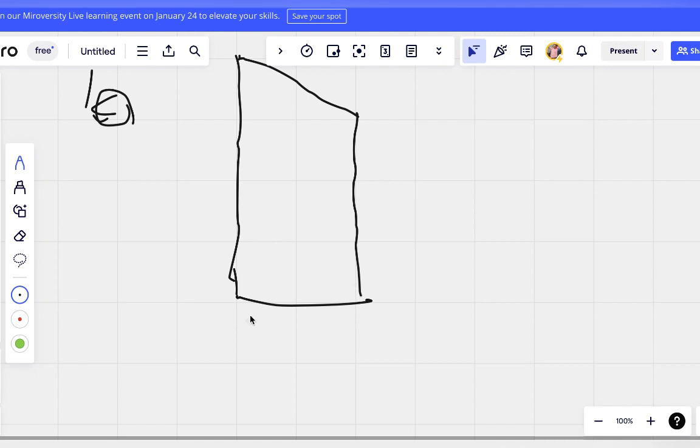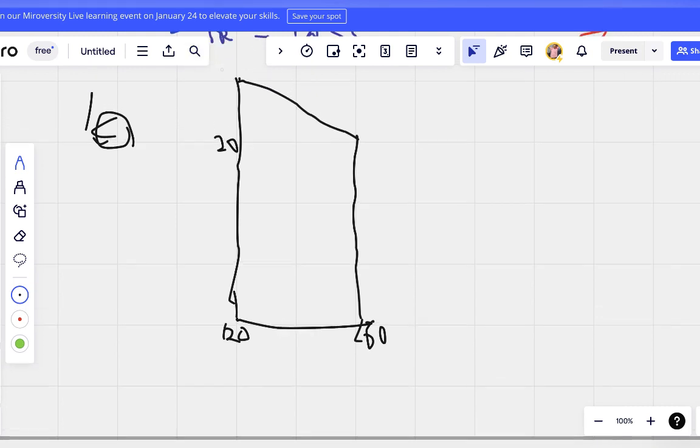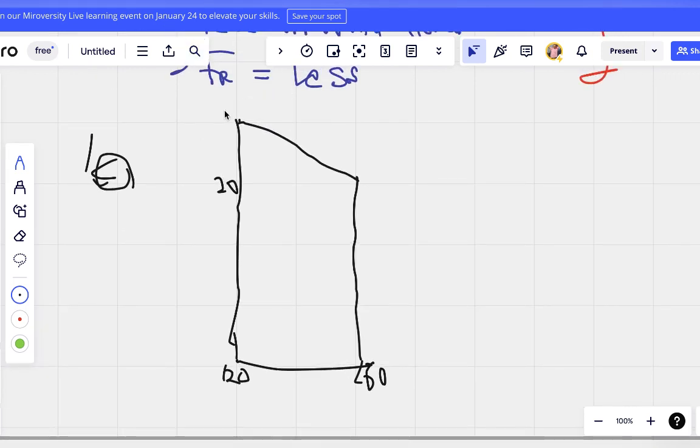Remember, here is 120, and here is 160. Here is 20, and here is 30.